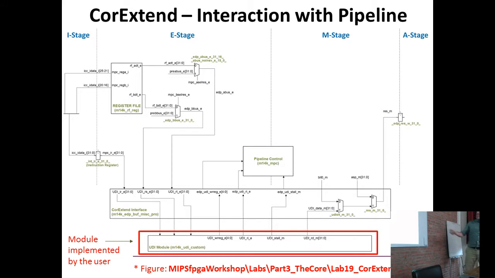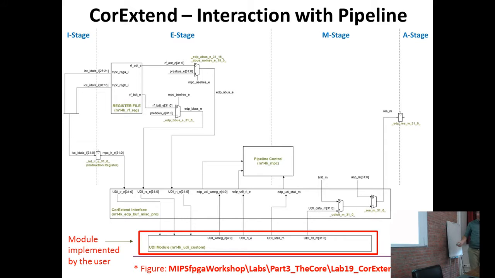This would be much more low-level detail of the core extend interface, right? Here's the register file, this is the E stage. The two registers are provided to the arithmetic logic unit, to many other places, and also to this module, which is the core extend interface. This module provides the two registers to this module that the user implements. So we're going to implement this module, in this case, with an AND gate for performing an AND operation.